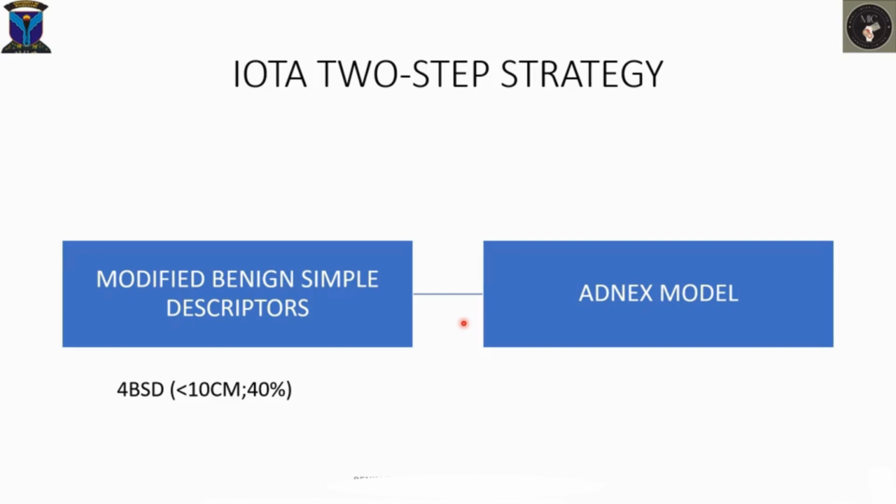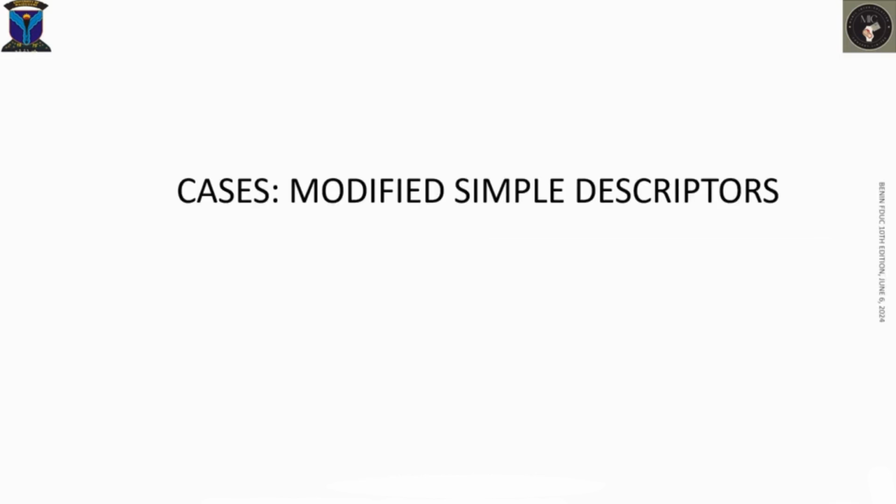But in that case, you need an additional sonographer to do that. But in this two-step strategy, a single sonographer should be able to classify disease without the need to involve an expert. So let's look at some case examples of the modified simple descriptors.